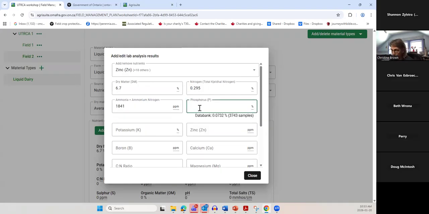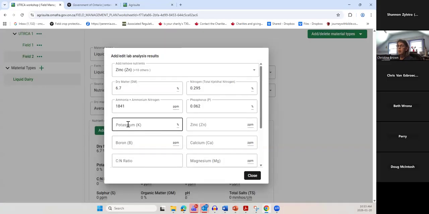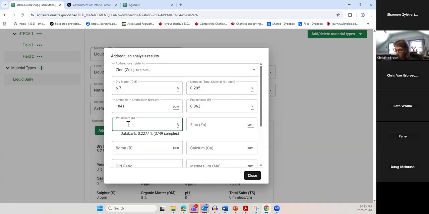My phosphorus is 0. Like you'll see with dairy manure compared to pig manure or even beef manure, the phosphorus levels in that manure are generally pretty low. Relatively speaking, dairy manure does not have that much phosphorus.